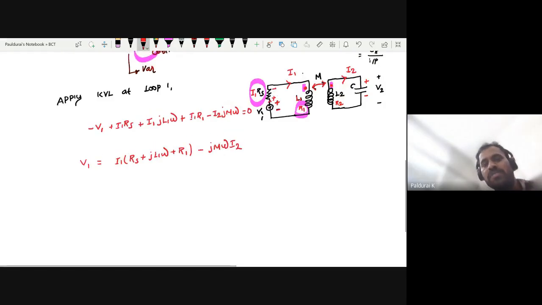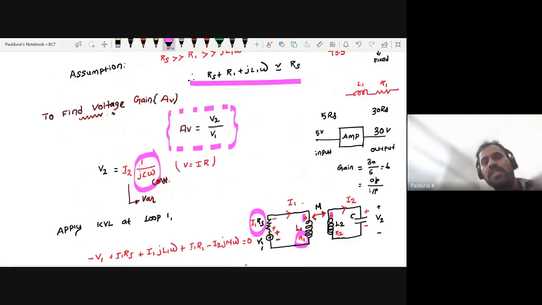But what was our assumption from this? Rs plus R1 plus jL1 omega.